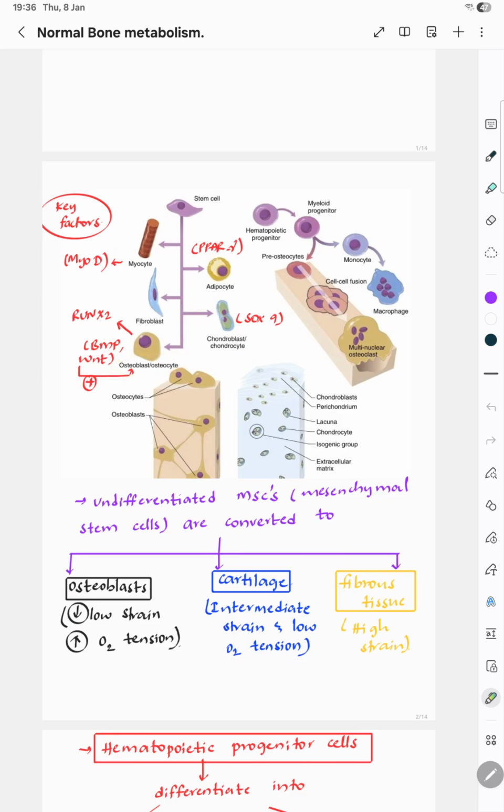And in this image, the osteocytes and the osteoblasts are seen. Here is the cartilage tissue showing the chondroblasts, perichondrium, lacunae, chondrocytes, and extracellular matrix.